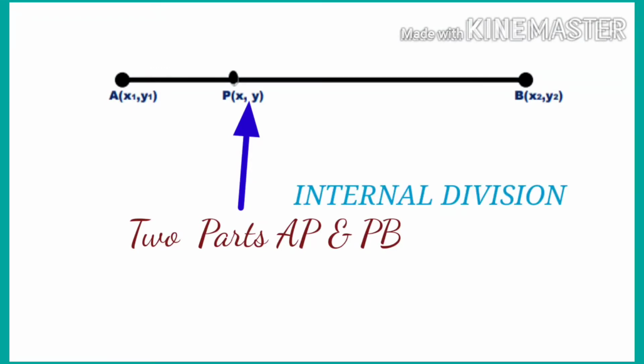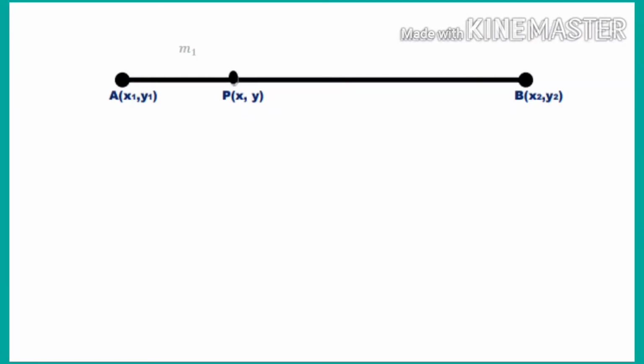Now, let us think the point P divides AB in the ratio m1 is to m2. Now, let the point A have coordinates (x1, y1) and the point B have coordinates (x2, y2). We need to find the coordinate of the point P. Let it be (x, y).